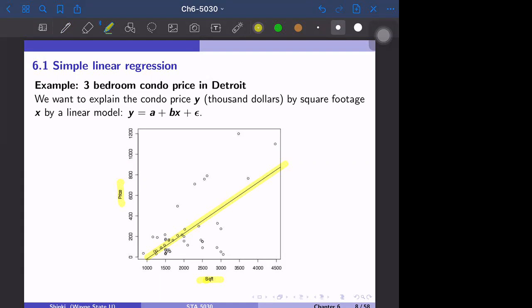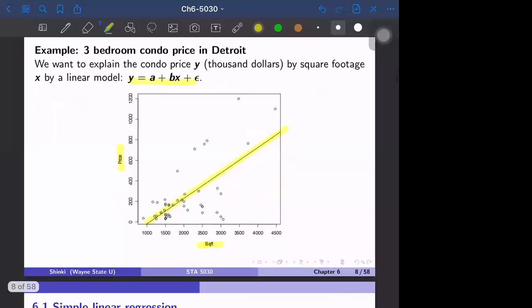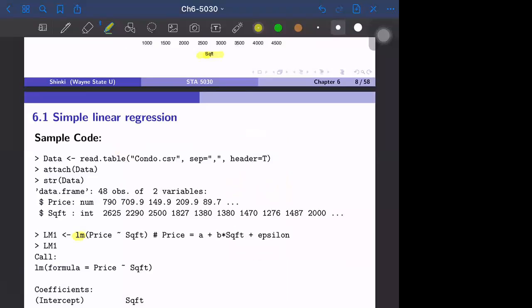Then we may assume that y is a plus bx plus epsilon. Then how to determine this line in R? We can use the lm function. At first we read the data. This is from the condo.csv file, and this data set only has two variables, the price and the square footage.